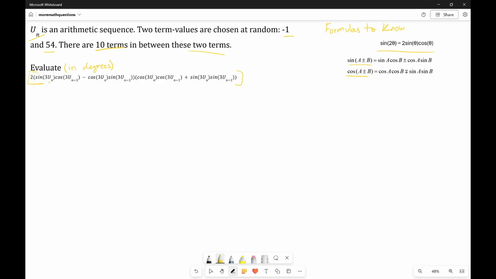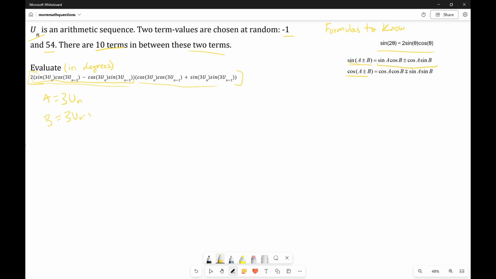If you look at these terms in the middle, this part represents this formula right here, and a and b in our case will be 3un and 3un minus 1. So if we say a is equal to 3un and b is equal to 3un minus 1, we will be able to see that this simplifies into these formulas right here.